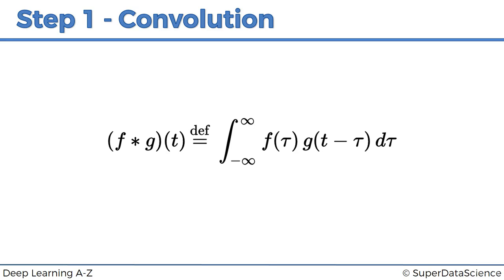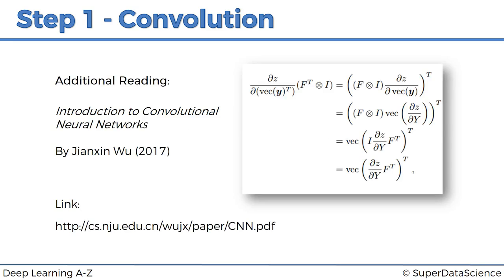And if you'd like to get into the math behind the convolutional neural networks, a great additional read is Introduction to Convolutional Neural Networks by Jianxin Wu, who is a professor at the Nanjing University in China. This paper was published literally days ago, like 5 or 6 days ago, and it is oriented specifically at people who are starting out, at beginners who are getting to know convolutional neural networks.